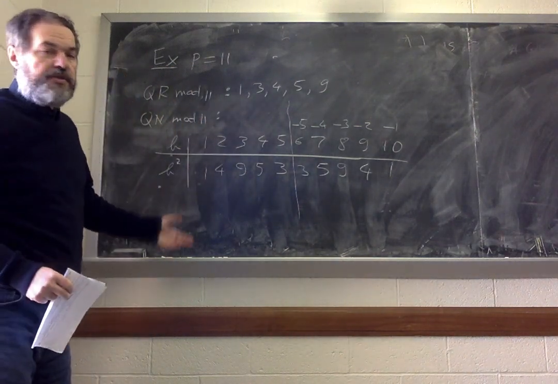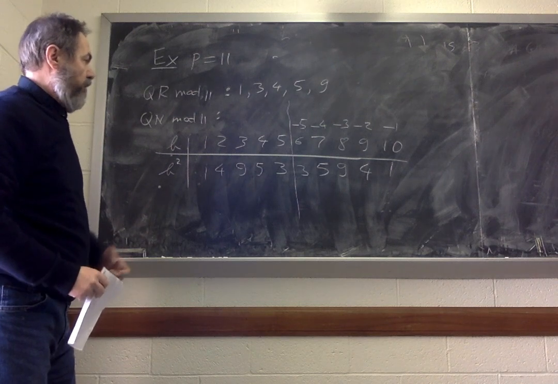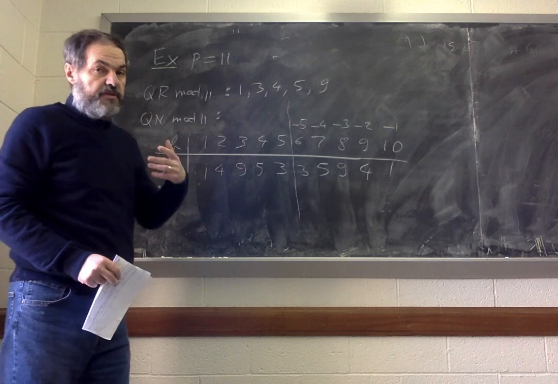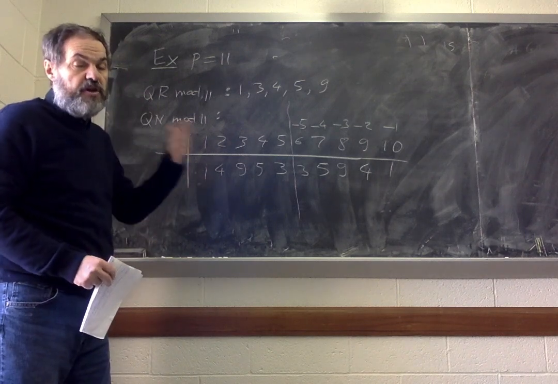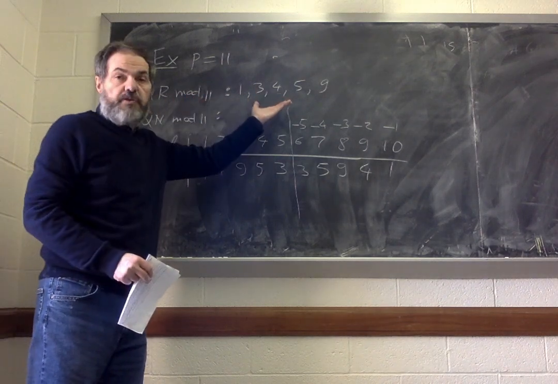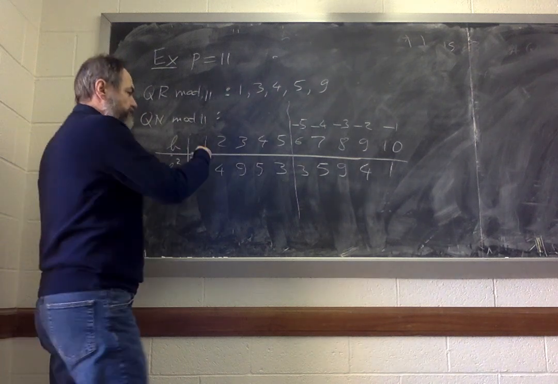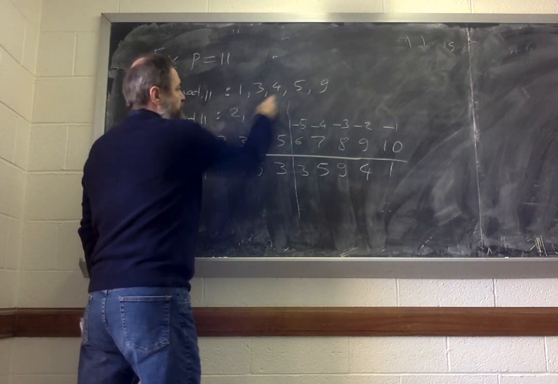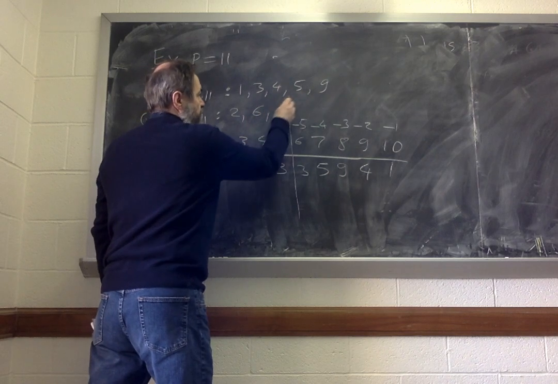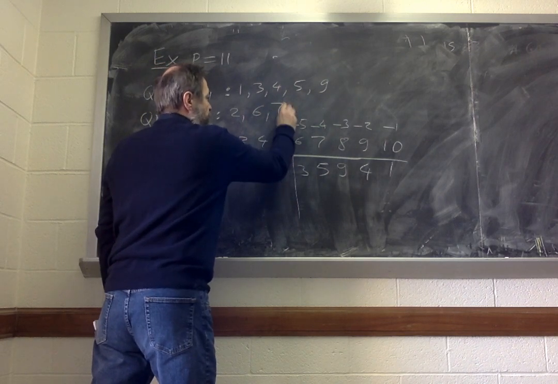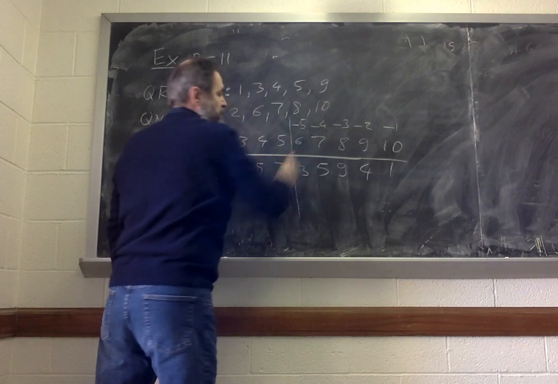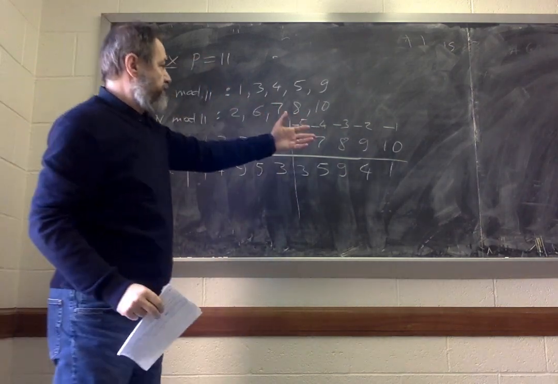Quadratic non-residues: all the integers that are not divisible by p, so they are relatively prime with p, and they are not on this list. So 2, 6, 7, 8, and 10, and larger numbers.